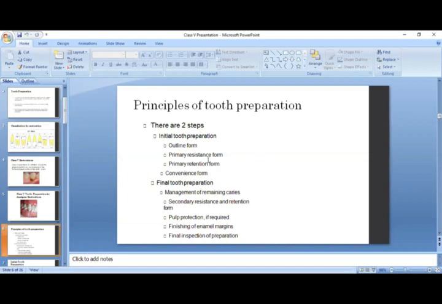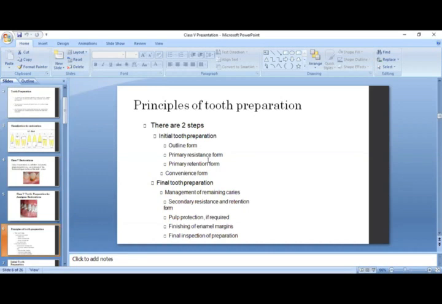Second is the retention form. Retention form means that if we place a filling material into the cavity, that filling won't be dislodged or come out from the cavity which you already prepared, right?